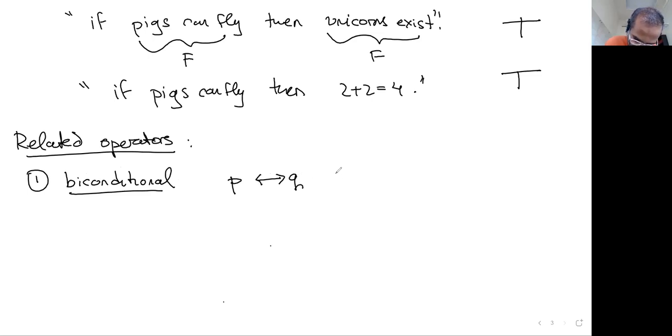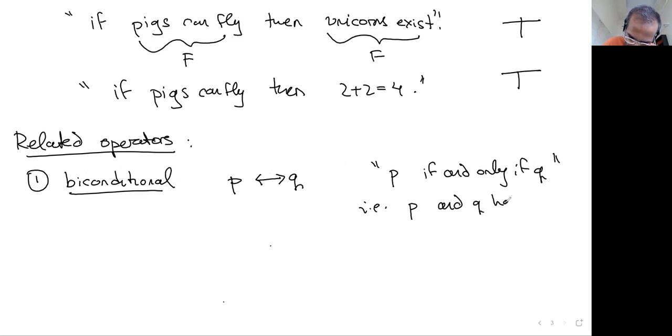And this is the proposition that P if and only if Q. What that means is that P and Q have the same truth value. So this is a two-way implication.